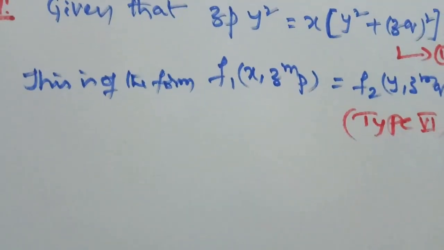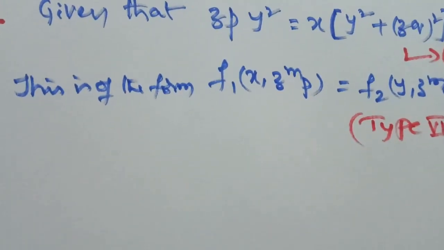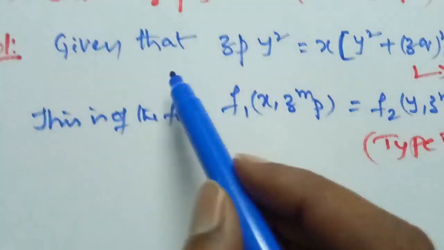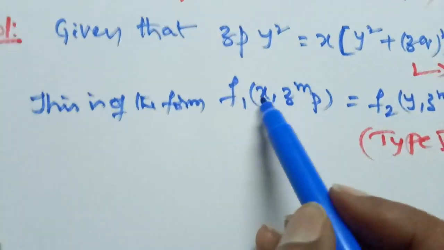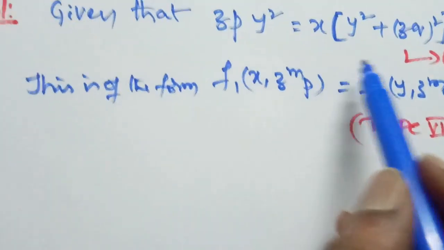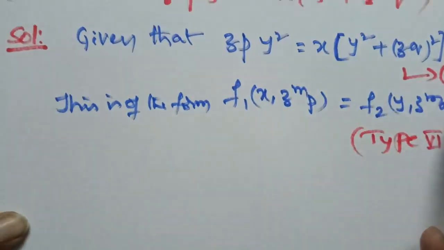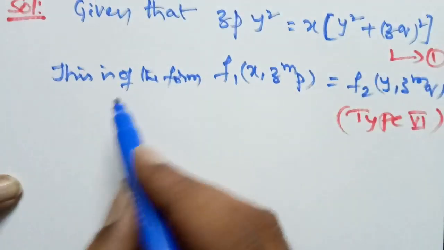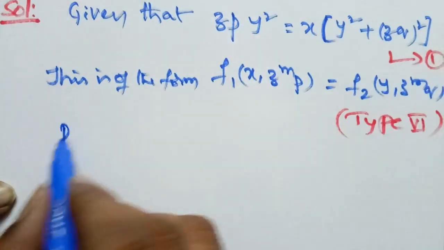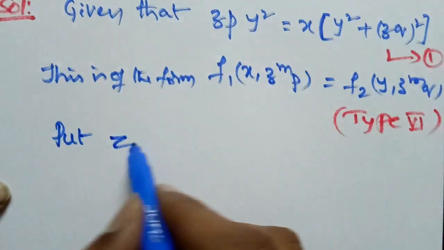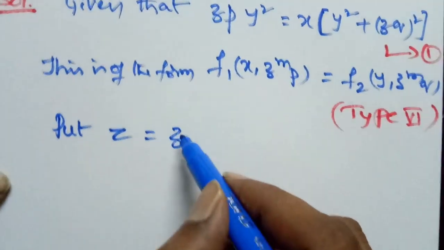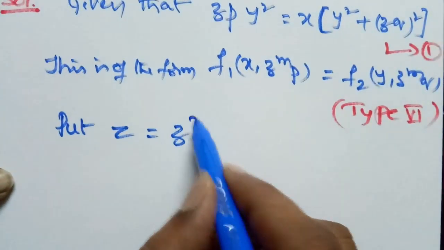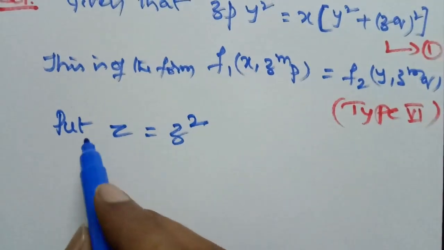Here the substitution is, you may arrange x and z power m and p terms one side, y and z power m into q terms another side. So we are writing like this. Here the substitution as explained in the procedure, put capital Z is equal to small z power m plus 1. Here m is 1, therefore 1 plus 1, 2, z square.